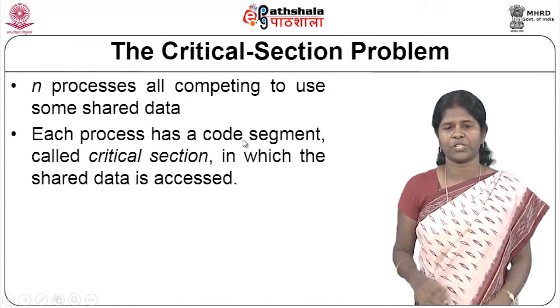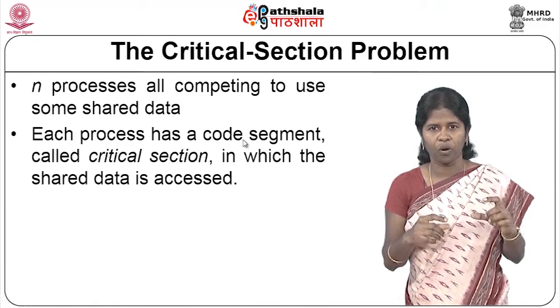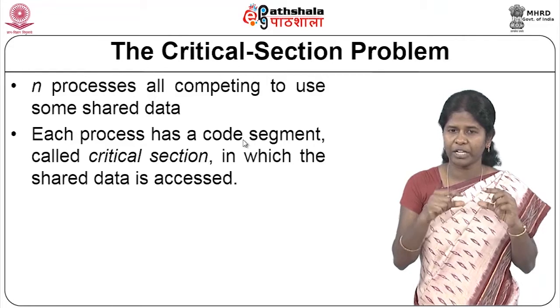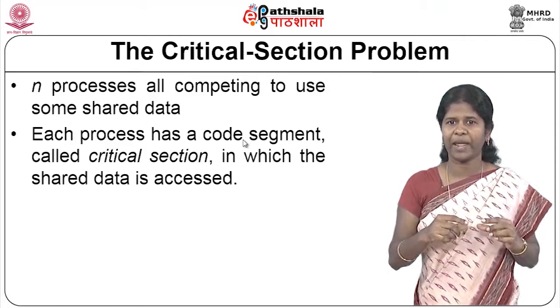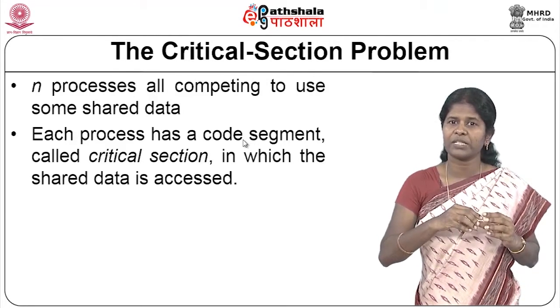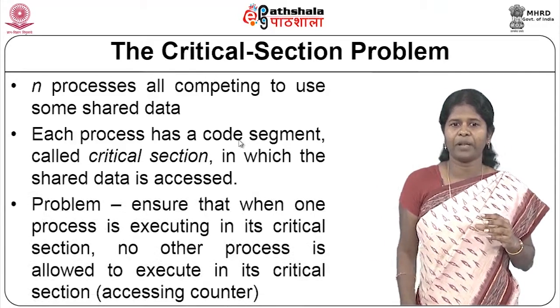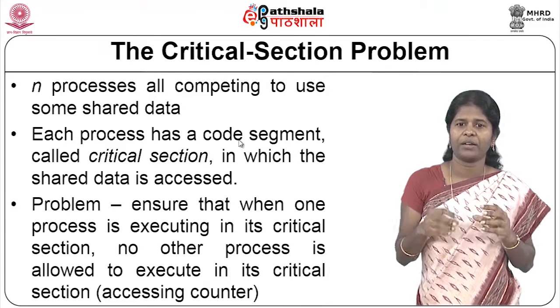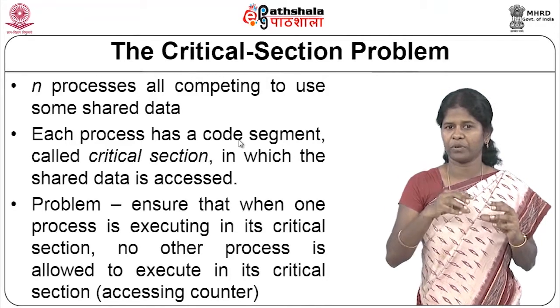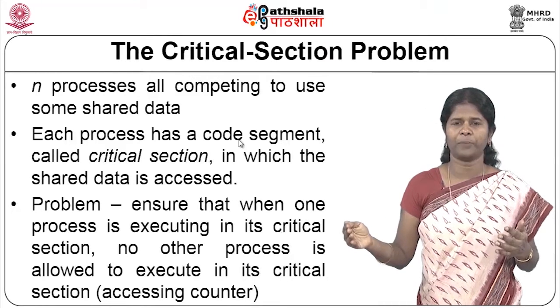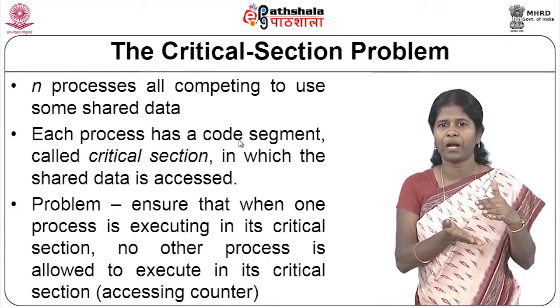Each process has got a code which is called the critical section, and that critical section of code is the place where each process is accessing that one common shared data. In the example that we had seen, you have two processes, the producer and the consumer, and both the processes have one critical part of code.